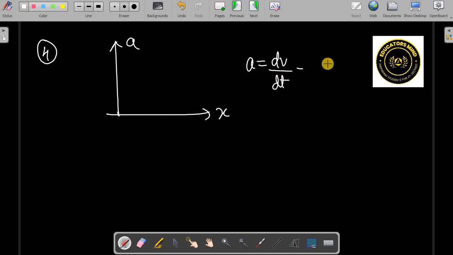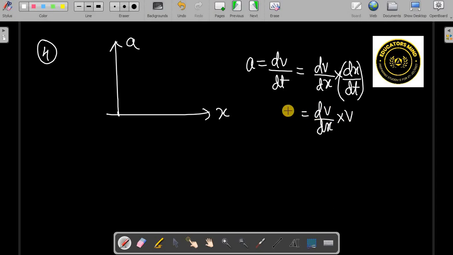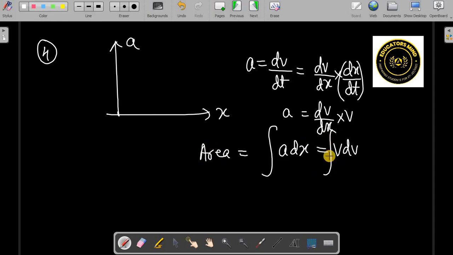Acceleration can also be written as dV by dx into dx by dt. If we write dx by dt as v, then acceleration is dV by dx into v. So acceleration into dx will become v dv, right? And when you integrate, this is the area under this graph.